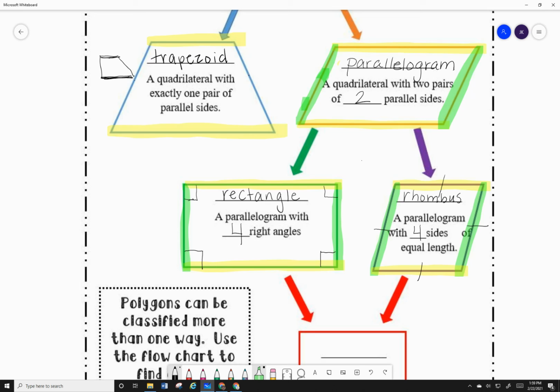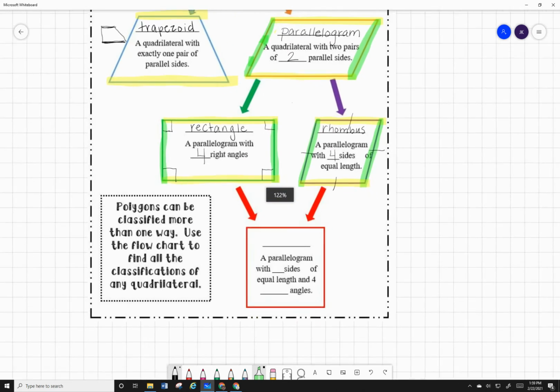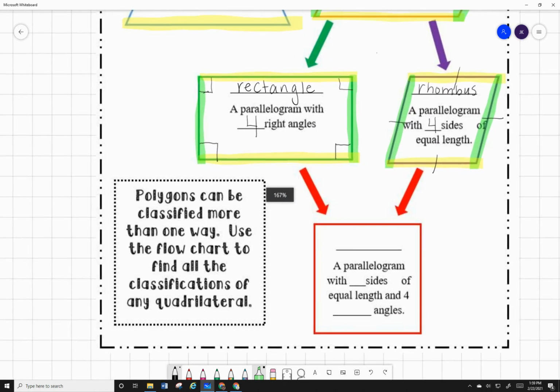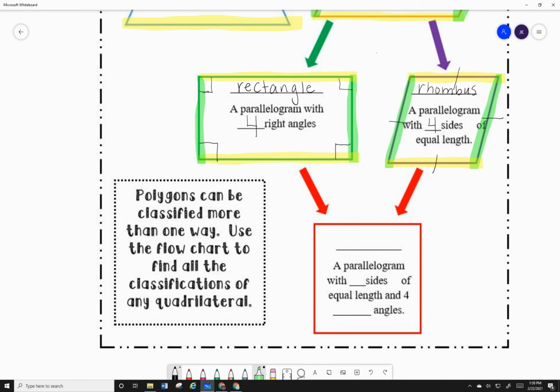So this rhombus can be classified as a parallelogram. It can also be classified as a quadrilateral because it matches the rules for all of those names. Rhombus, parallelogram, quadrilateral.